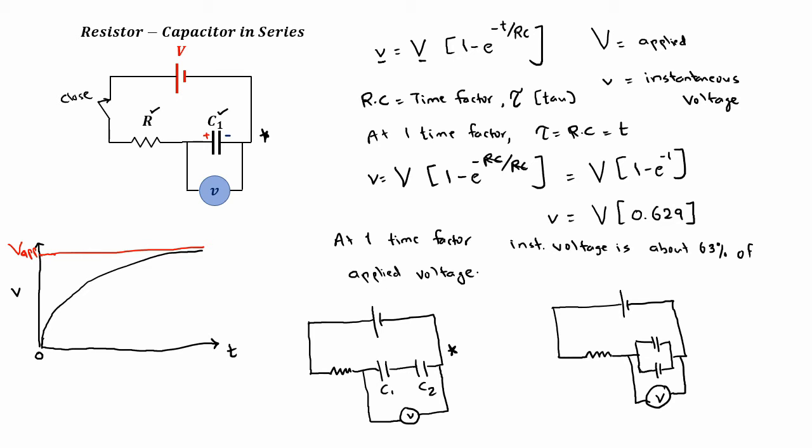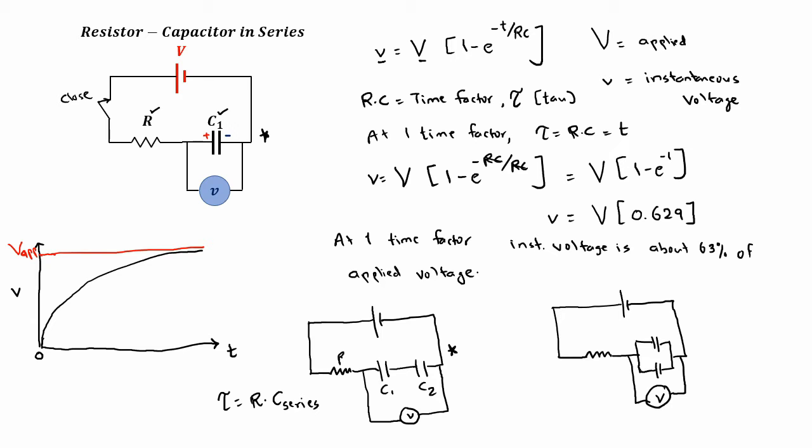And then we're going to see if we measure the values of C1 and C2, can we then predict the capacitance if C1 and C2 are connected together? The capacitance value here becomes C series, right? So the time factor is going to be R times C series, correct?